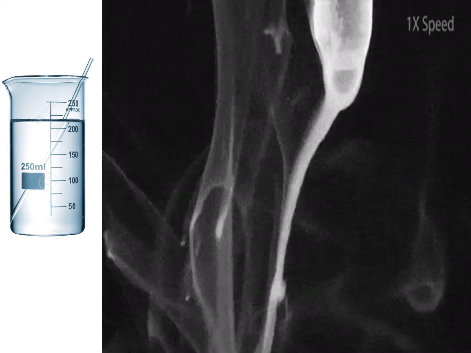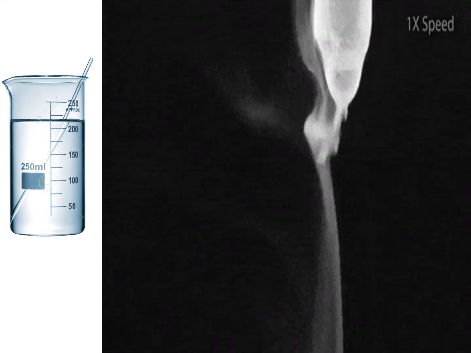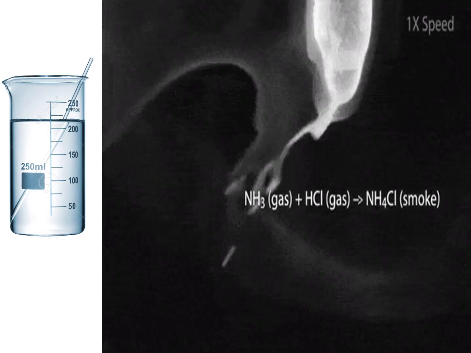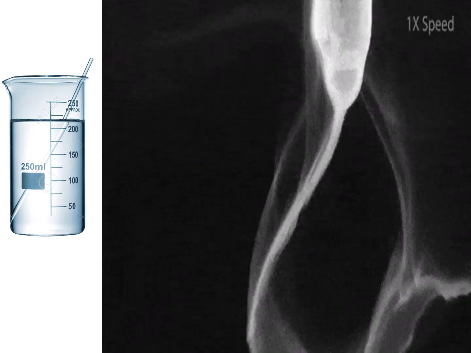So because of this, what happens is the vapor of ammonia is formed, the vapor of hydrochloric acid is formed, and both these gases, they react to form the salt ammonium chloride, which also is in the gaseous phase state first. But immediately, because of the condensation process that happens at the room temperature, it gets transformed into the solid state, and that is why a white smoke is being formed.